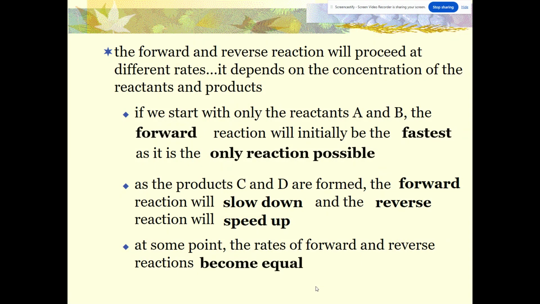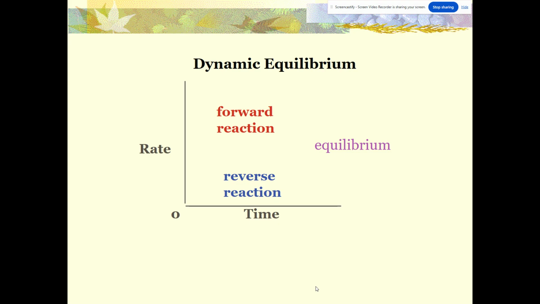That's where the term equilibrium comes in. So my forward reaction again starts fast and is going to slow down. My reverse reaction starts at 0 and speeds up, and eventually the rates, this graph is showing, equal out. That's the point at which you've reached equilibrium in a reaction.